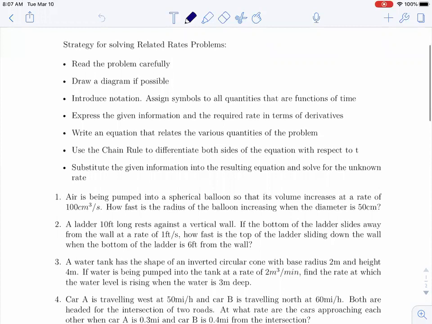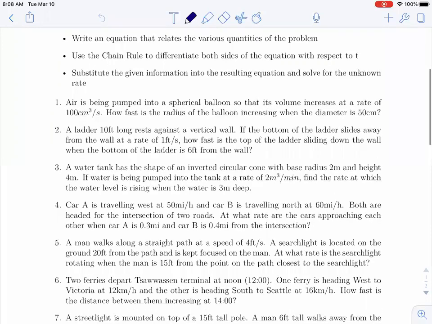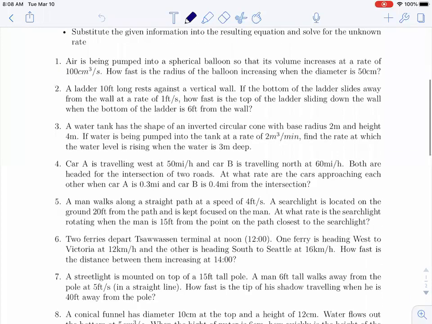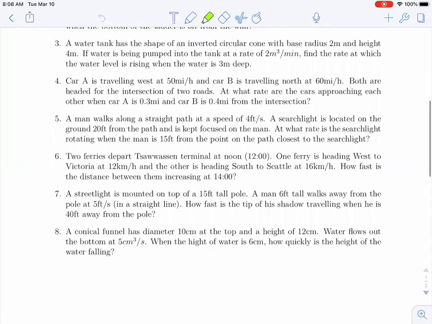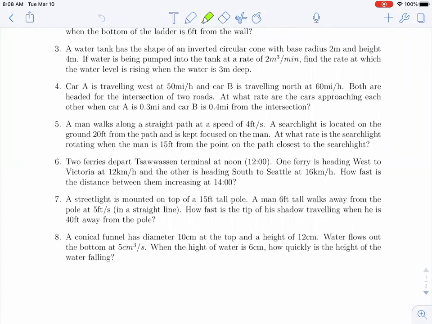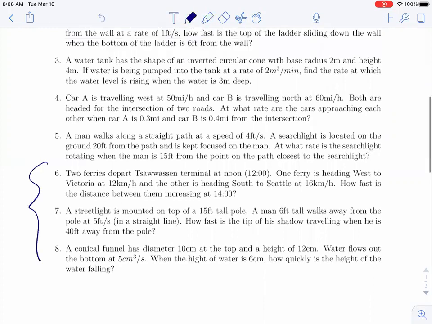So I think today we'll go through the ones that I stole from Steve. I think we should go through 6, 7, and 8 today, because they're the 3 different varieties that we could have.